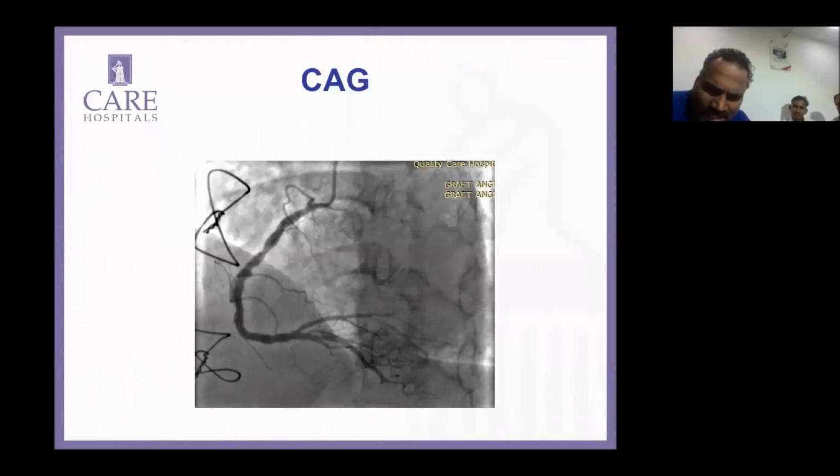And I couldn't see any competitive flow downstream, though it is a static image. So many times you can observe, if there is a good graft, you don't see the distal vessel so well. If there is competitive flow, I see the distal vessels well. So I feel that the graft is gone even for RCA and also LAD.